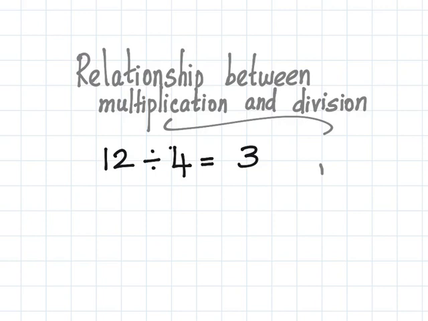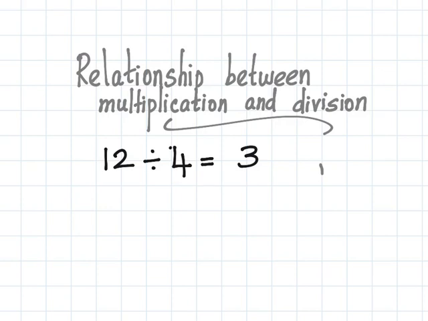The relationship between multiplication and division will be shown here. 12 divided by 4 equals 3. That is the division equation that we just saw, and we used it for the previous problem.